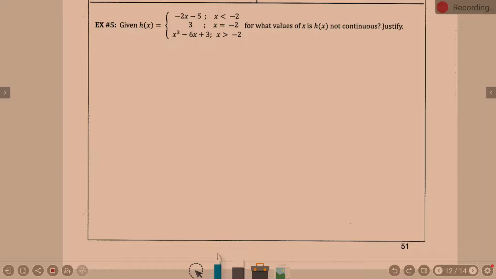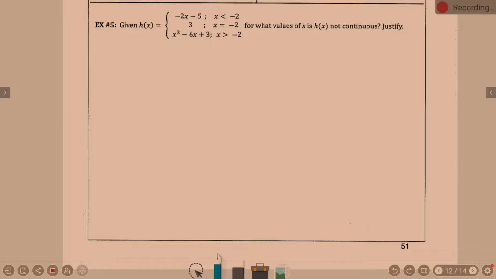I realize we're just talking about a point here, but it's a line, so that's continuous. Is x cubed minus 6x plus 3 continuous? Yeah, it's some kind of cubic graph. And here's the deal. Those are all polynomials. Just various terms added and subtracted, no funky division, no trig functions thrown in, just basics there.